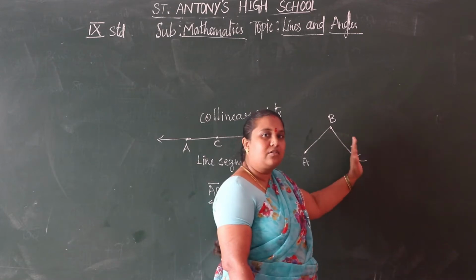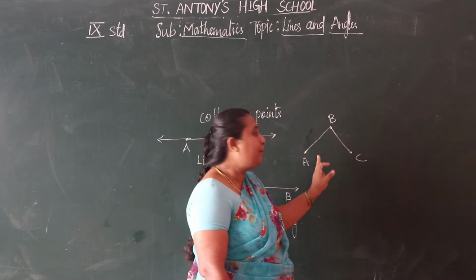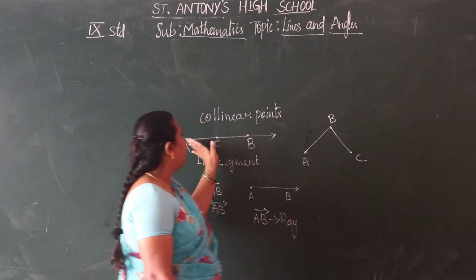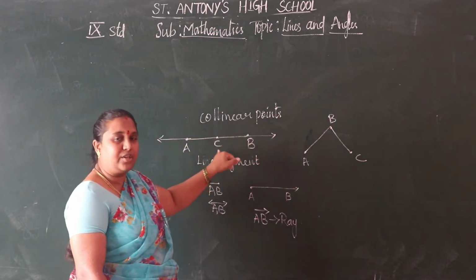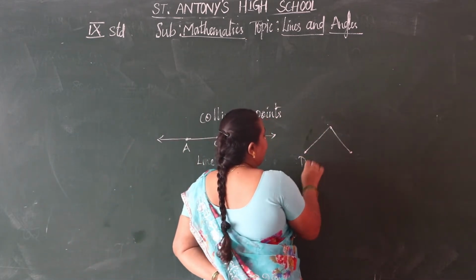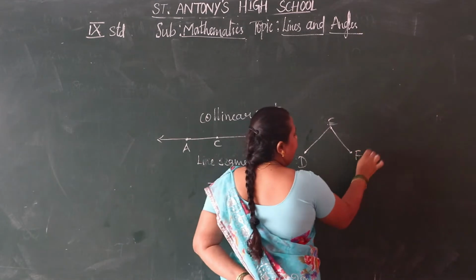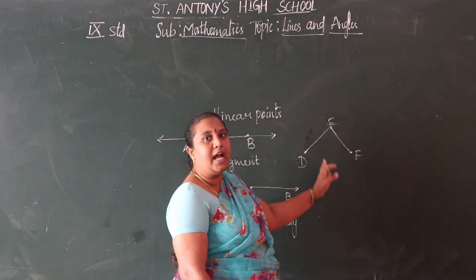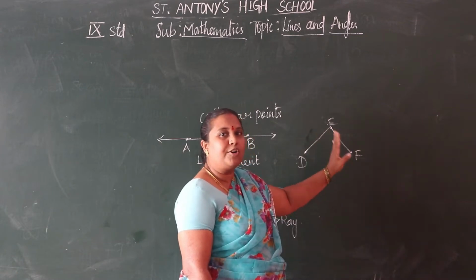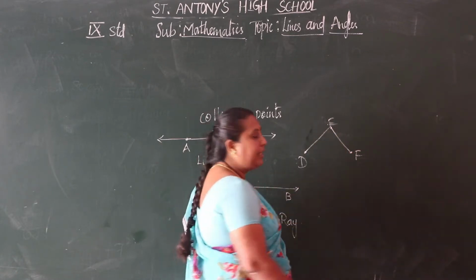Points A, B, C here are on the same straight line. But here we can give other names: D, E, F. The points D, E and F are non-collinear points.